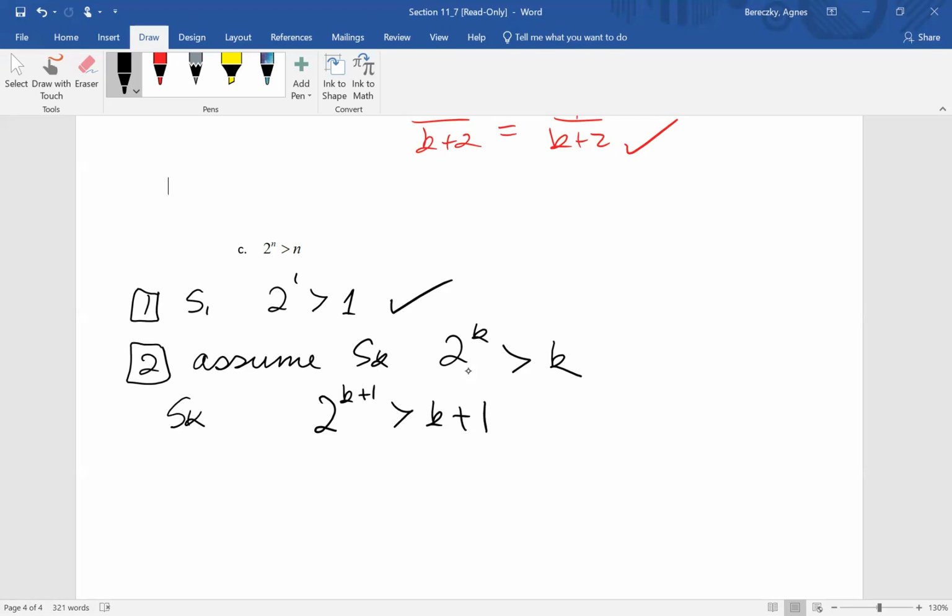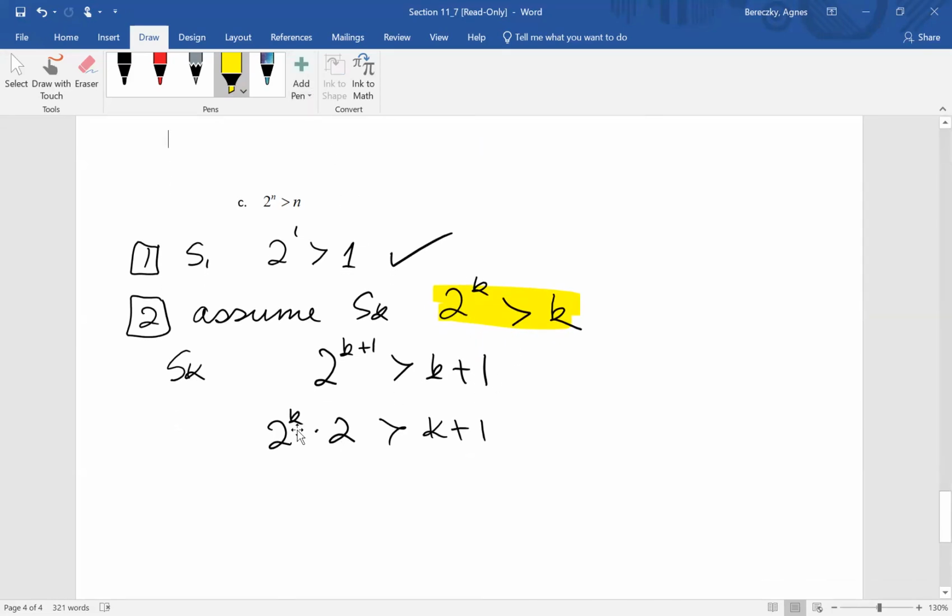We can break the 2 to the k plus 1 as 2 to the k times 2, greater than k plus 1. Again, we assume that 2 to the k is greater than k.